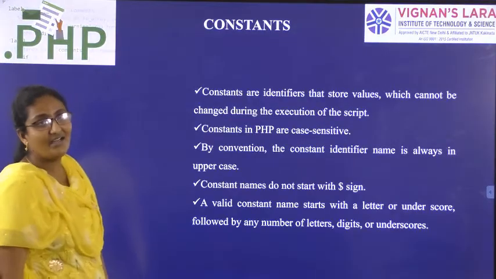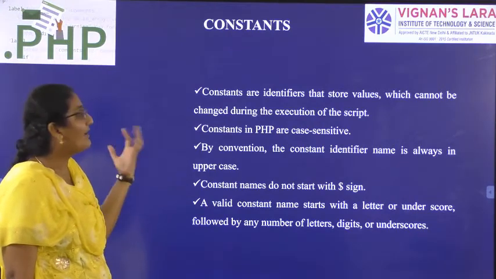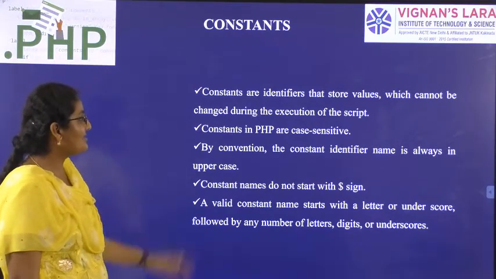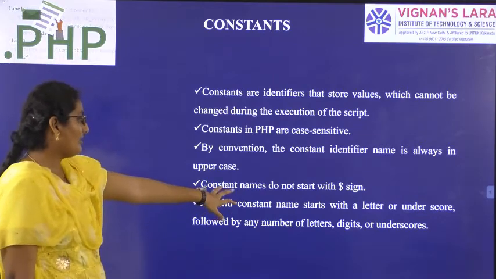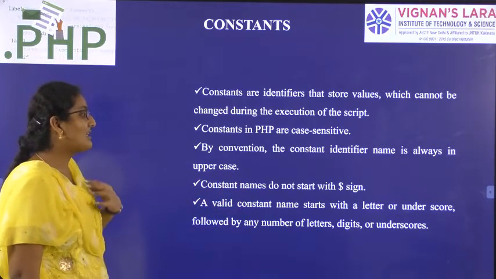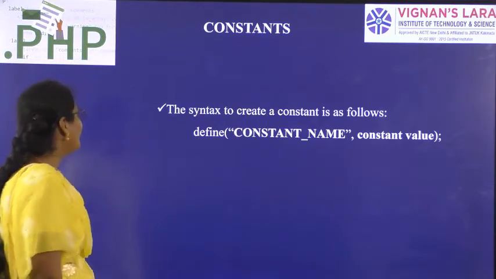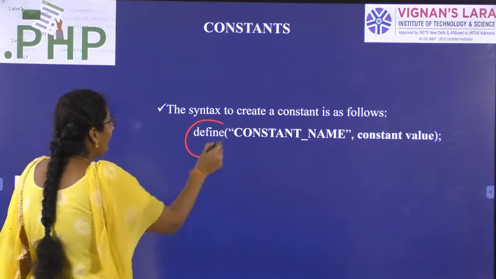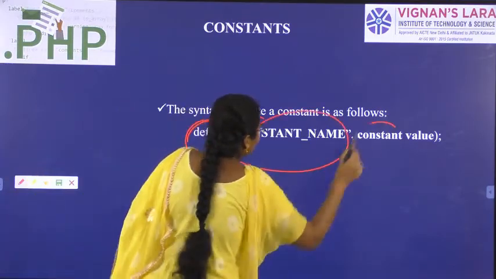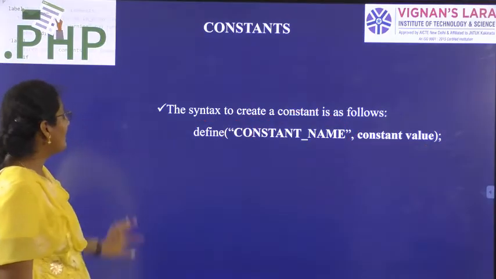So constant is identifiers to store the values and we cannot change the value of constant while executing. Constant is case sensitive and constant name will not start with dollar symbol. Constant name can start with letter or underscore. What is the syntax for creating constant? Define constant name, constant value, semicolon is the syntax for creating constants.